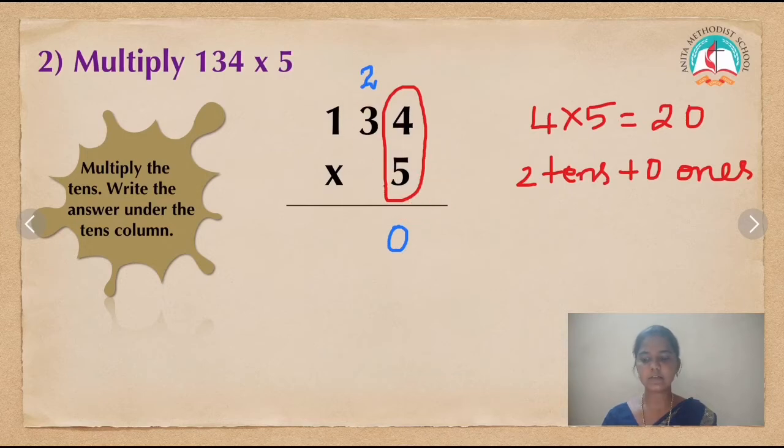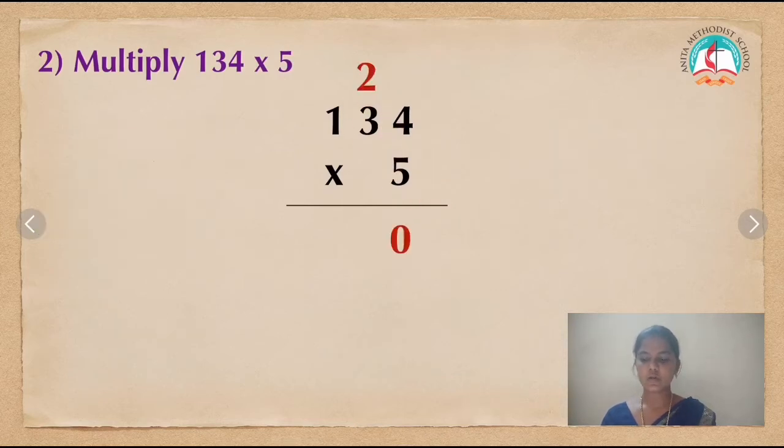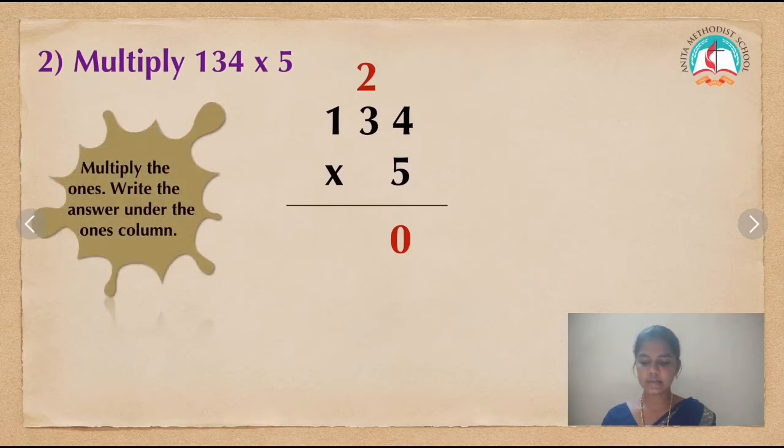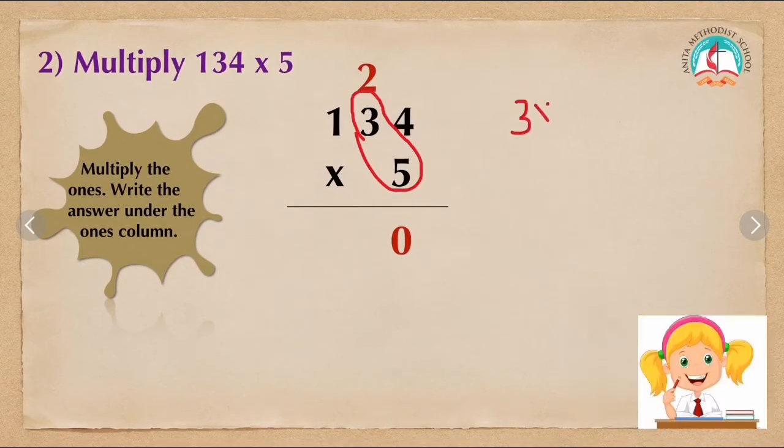So now we will move on to the second step, to multiply with the tens place. Okay, so now we are going to multiply this with the tens place. So in the tens place now we have 3. So we need to multiply the 3 with the given digit 5. So here 3 times 5 equals 15. We already have 2 as a carry. If we add 15 and 2, we will get 17.